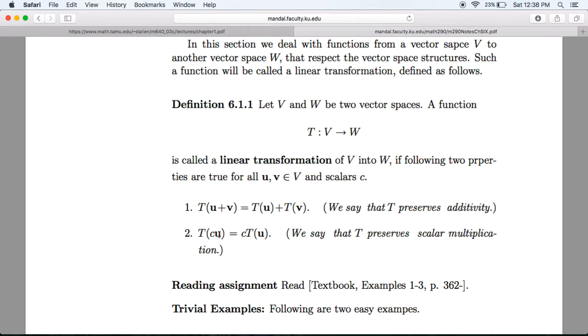This is kind of redundant because we can just take u plus u plus u, C times, and we will get this property, but only for natural numbers and integers C. If C were real numbers, I mean pathological real numbers such as irrational numbers, then we cannot add a vector irrational times.